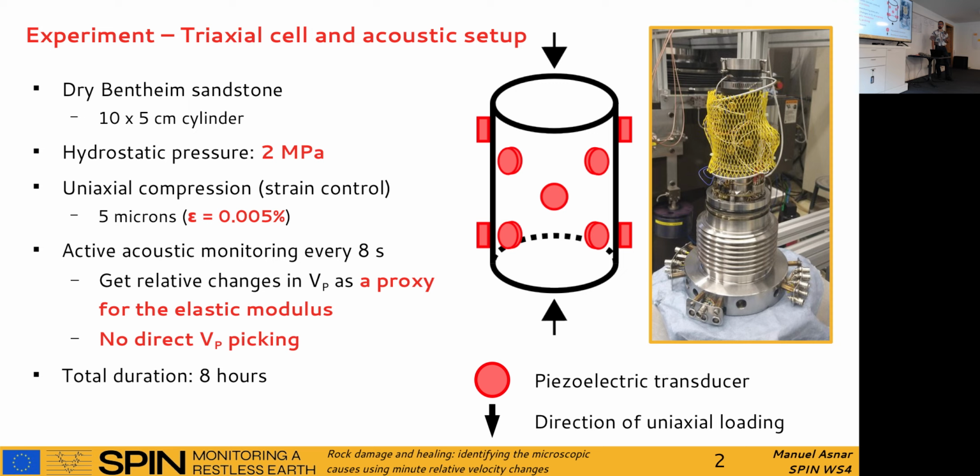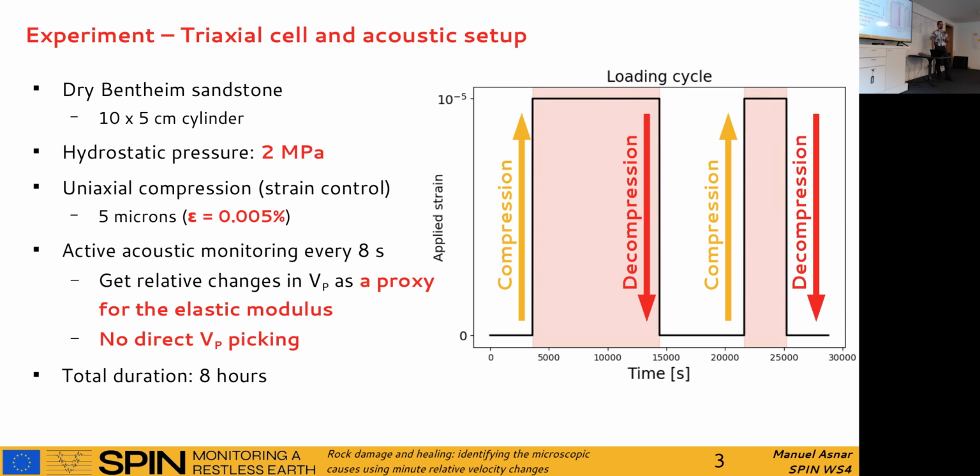On our sample, we first set a confining pressure, so a hydrostatic pressure of 2 MPa. And on top of that, what we do is we apply a uniaxial compression cycle, a very, very straightforward one. We simply compress the sample, leave it there for 3 hours, decompress the sample, leave it there for 2 hours, compress 1 hour, decompress 1 hour.